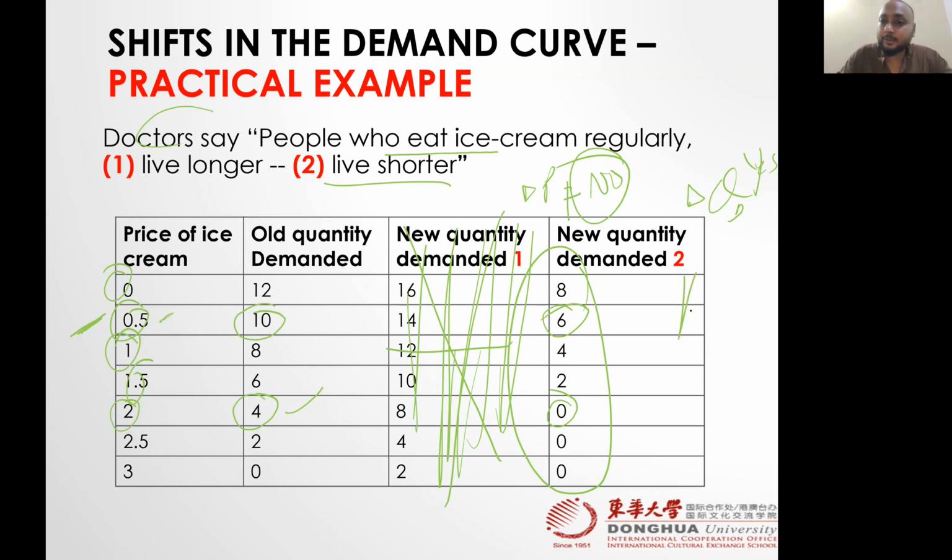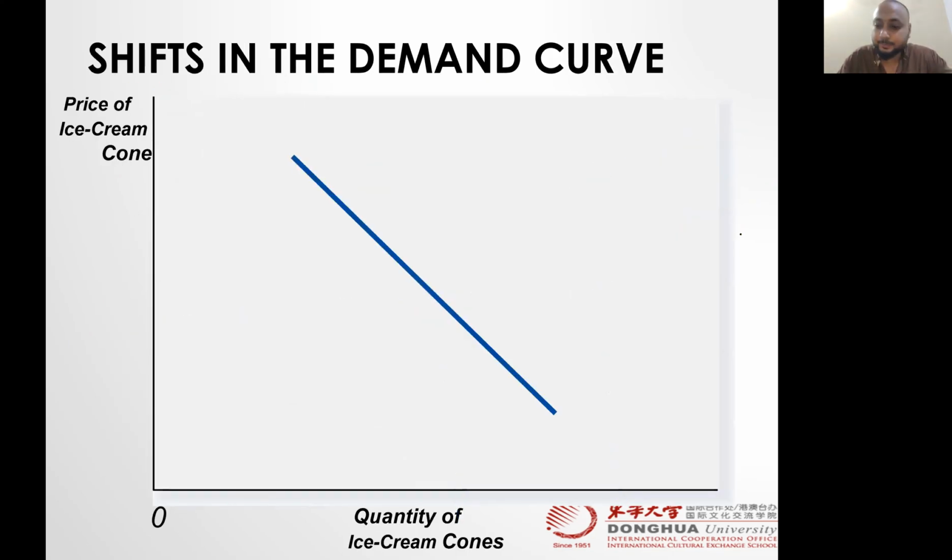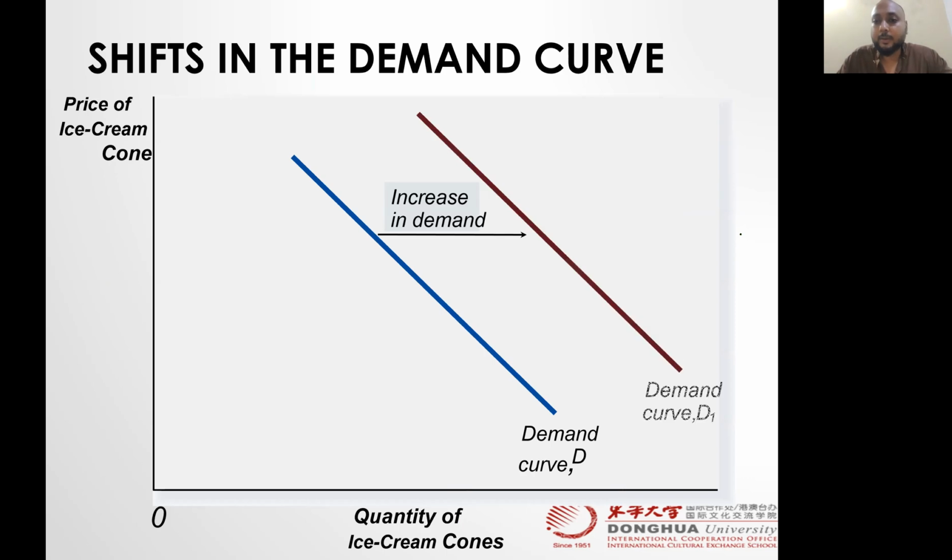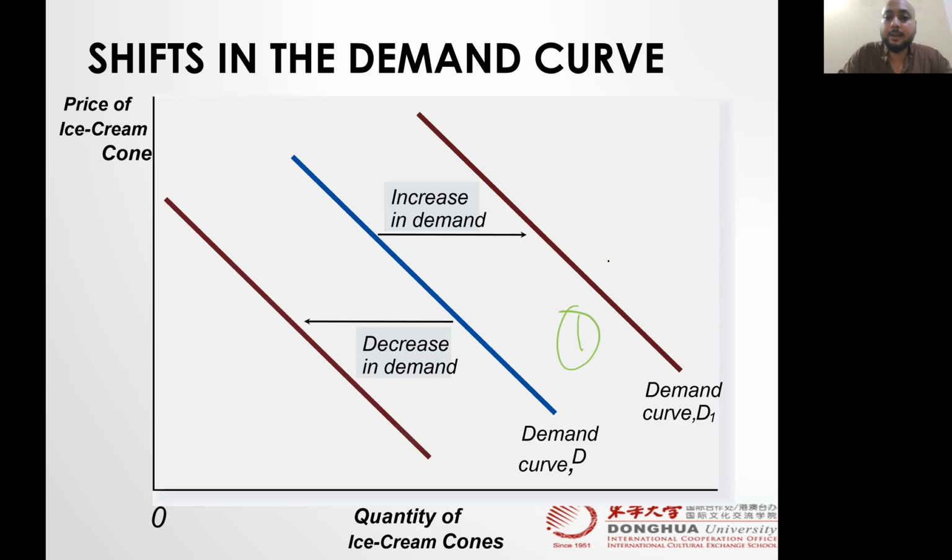So if we draw this scenario 1 and scenario 2. So this is scenario 1. Scenario 2, decrease in demand means shift to the left, your left. Okay, left side. Many students are confused, sir, your right, my right, or whatsoever.